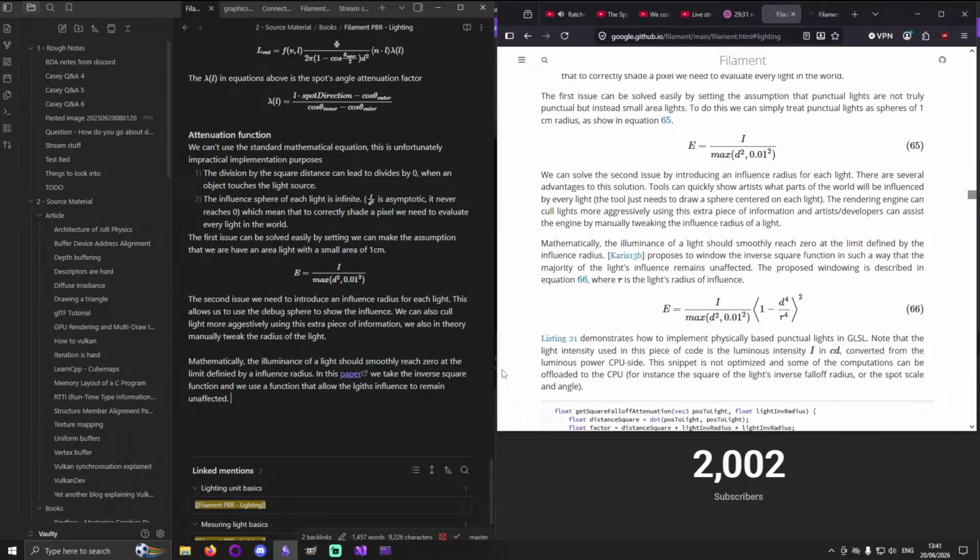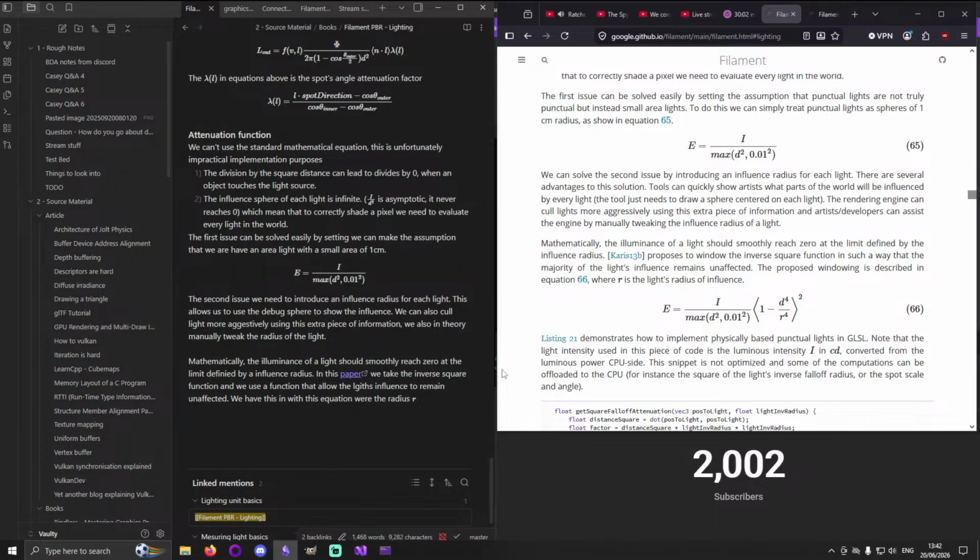The proposed windowing is described with this equation, where the radius is r and the light's influence.